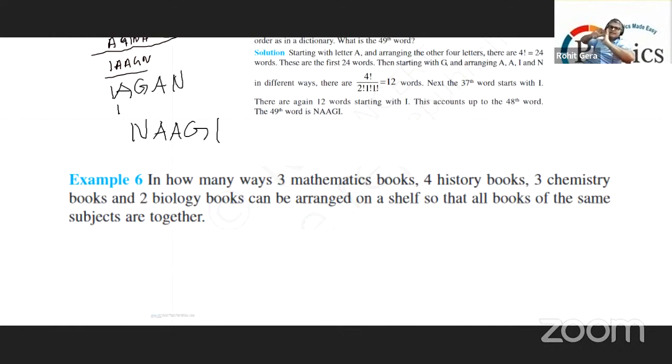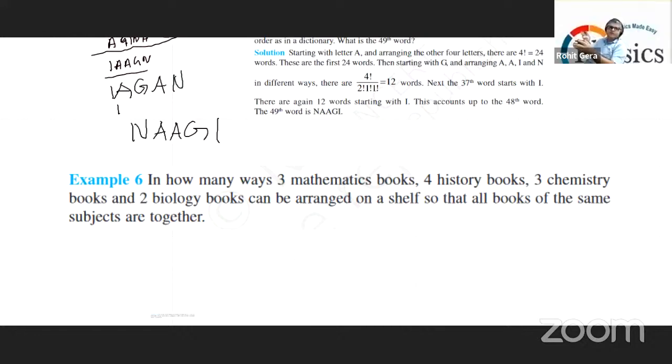So 4 bundles can be arranged in how many ways? 4 factorial. If I give you 4 bundles, how many ways can you keep them? 4 factorial. I can keep 3 maths books, then 4 history books, then 3 chemistry, then 2 bio. Then I can have 4 history books, 3 maths, 2 bio, 3 chemistry.